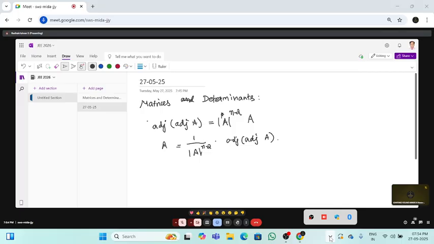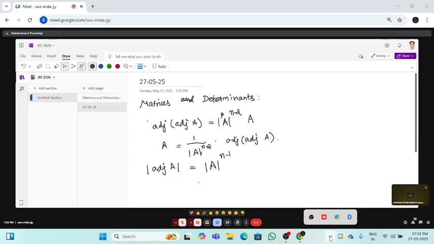There is another property. What is the determinant of adj A in terms of the determinant of A? Determinant of A power n minus 1. Yes, determinant of adj A is equal to determinant of A to the power of n minus 1.